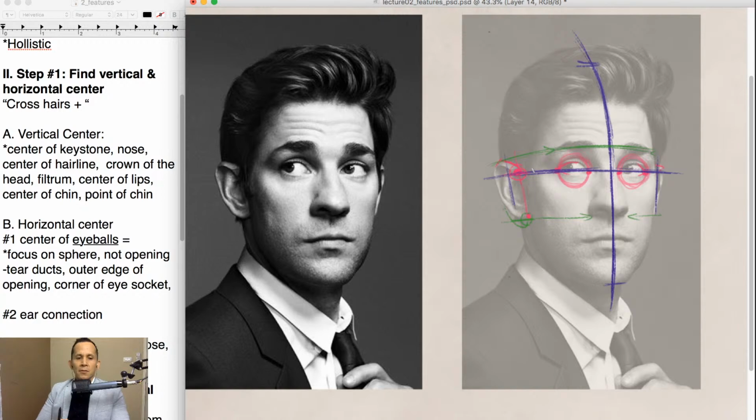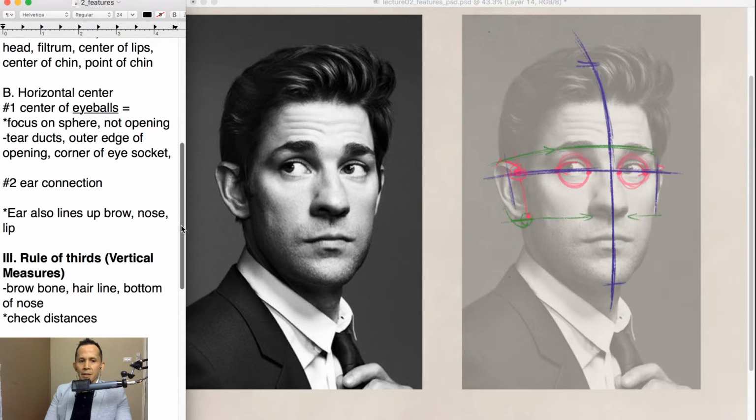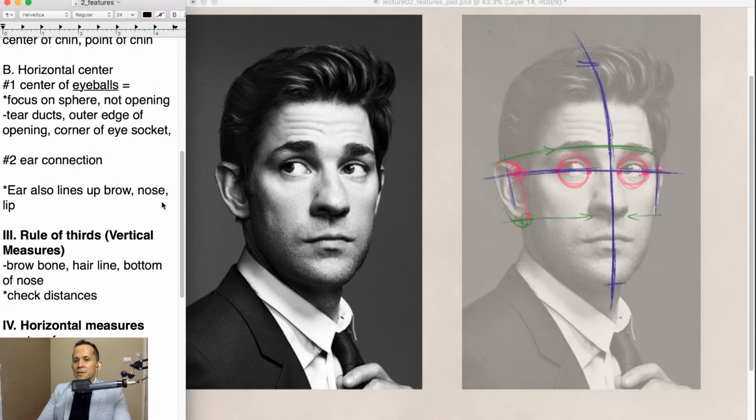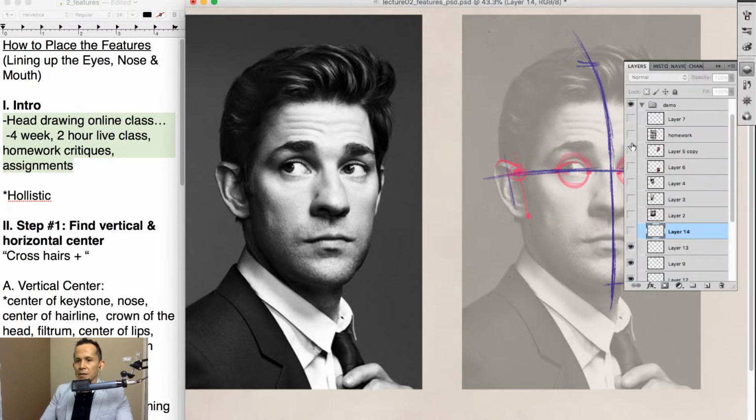All right, so we got vertical and horizontal center. These are our two major measuring lines. Now we got to find our secondary measuring lines.